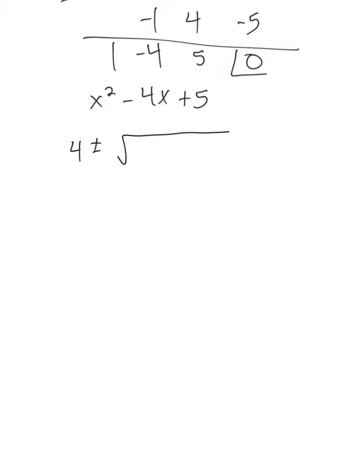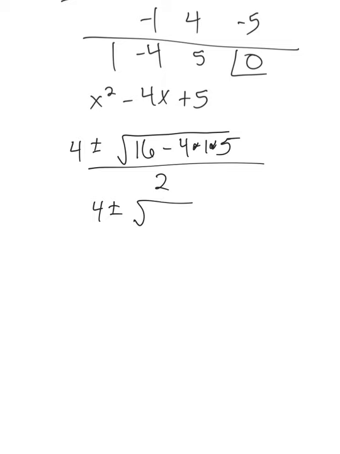So 4 plus or minus the square root of b squared, which is 16, minus 4 times 1 times 5, over 2. 16 minus 20, so that's -4 over 2.